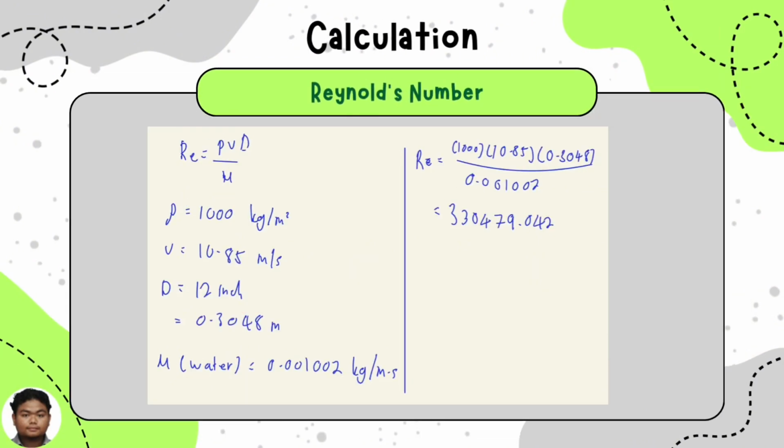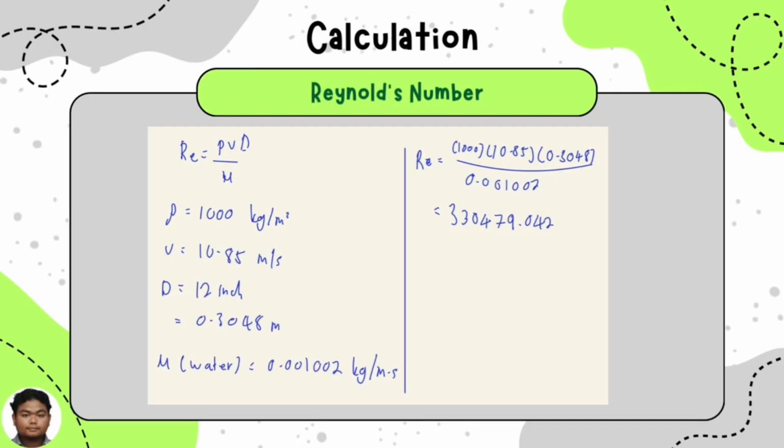Alright, now we're going to find the Reynolds number. We're going to use the equation Re equals rho V D over dynamic viscosity. For this we use rho equals 1000 kg per cubic meter, and V we got just now, 10.85 meters per second. For D we take 12 inches and convert it to meters, which is 0.3048.